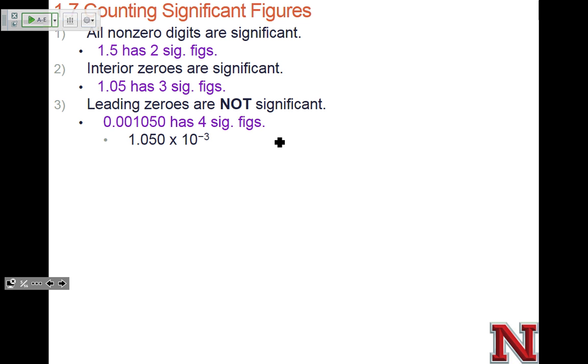However, leading zeros, any zeros that come before a whole number or a non-zero number, are going to be insignificant. And to avoid confusion, often scientific notation is used instead, because in scientific notation, you only include significant figures. So 1, 2, 3, 4, that's our 4 significant figures.